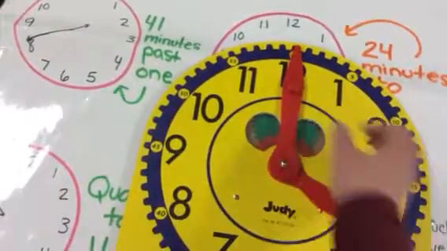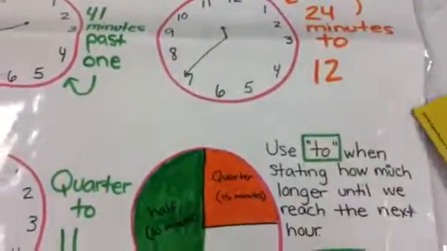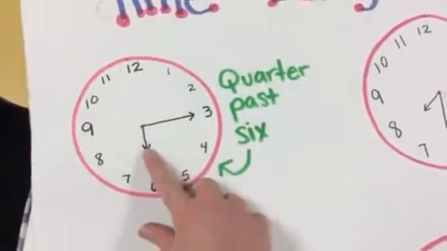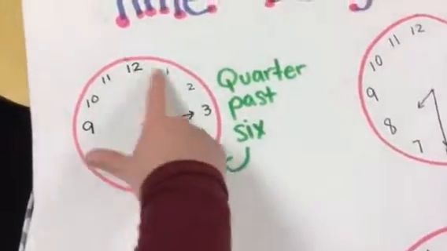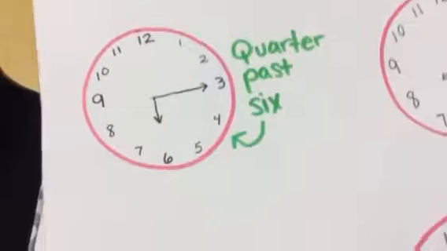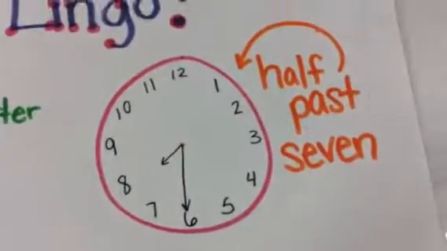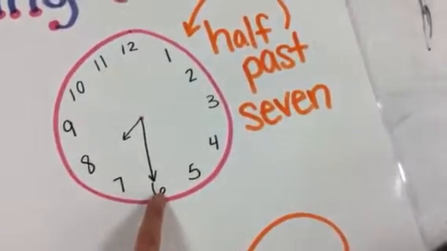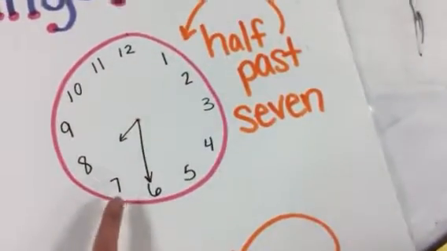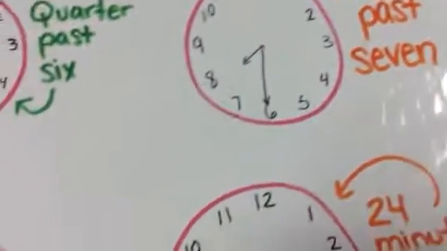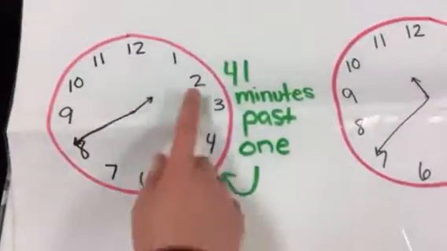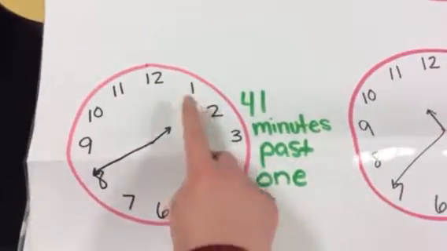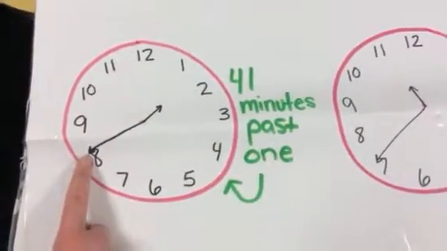Okay? So let's look at some of the examples I've got on this chart here. This is 6:15 or 1/4 past 6 o'clock. This one is half past 7, 30 minutes past 7 o'clock. This one is 41 past 1. That means it's 41 minutes past 1 o'clock.